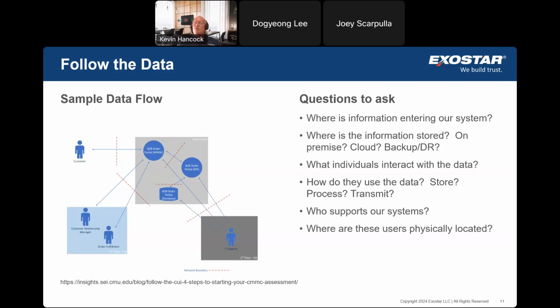You then also want to think about the individuals that interact with that data and how they interact with it. So if salespeople in my organization receive RFPs, and as part of those RFPs they receive drawings that are CUI, then those sales individuals may be people that store or process controlled unclassified information.